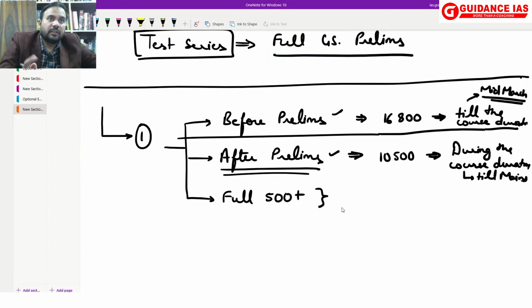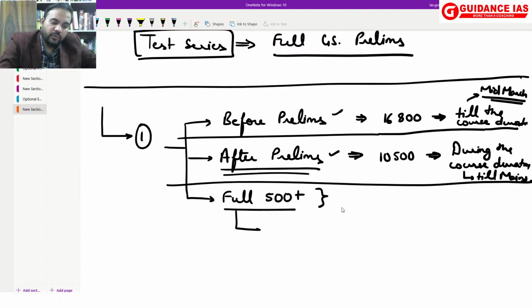However, if you are joining the full course, the fees, as you know, is 24,800. That means here you are saving around 2,500 rupees. That is one thing. So this is one advantage you are getting.